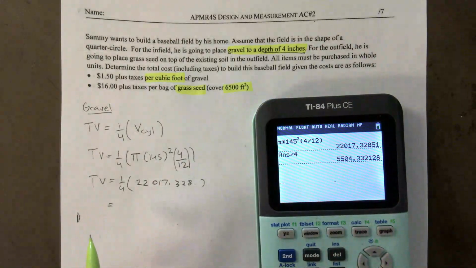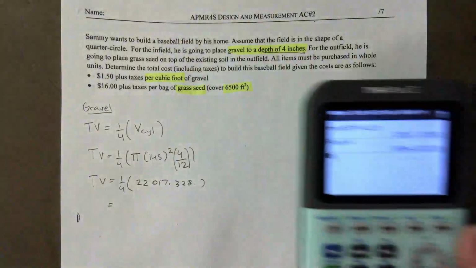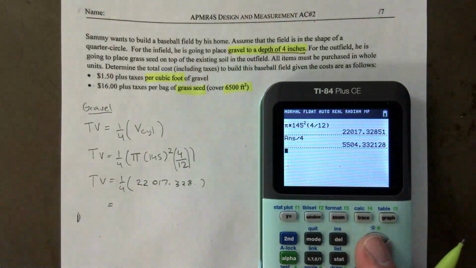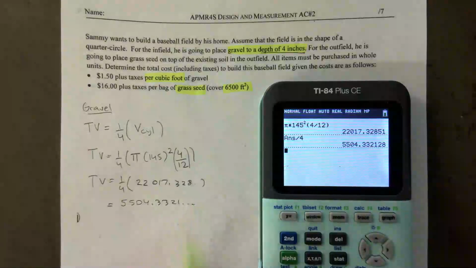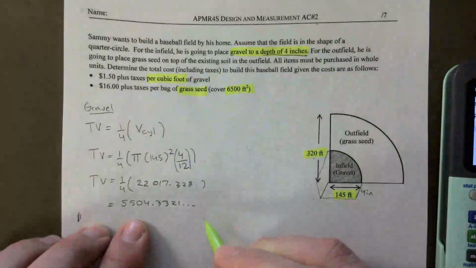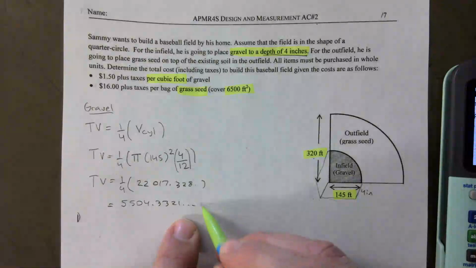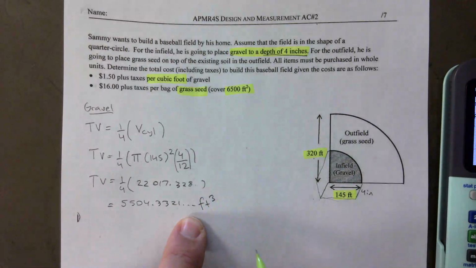So it's 5,504.0.3321 and then something. And we are talking volume, and everything is in feet, so it's cubic feet so far.